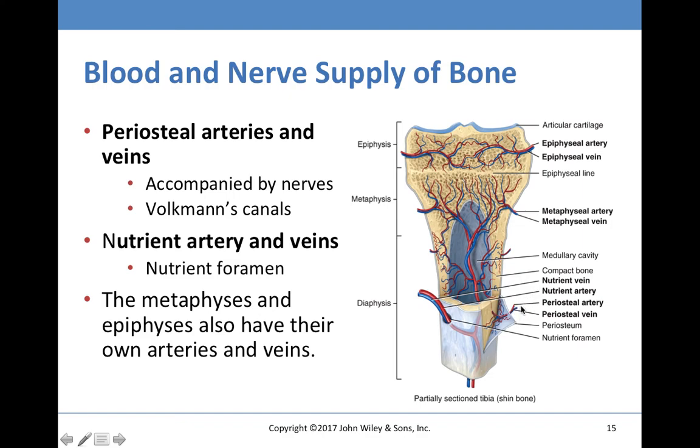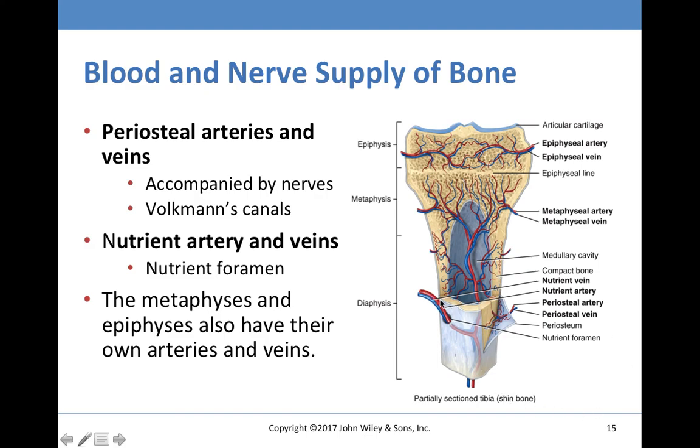It is accompanied by a nerve, and there is also a periosteal vein. So these periosteal arteries, nerves, and veins pass through Volkmann's canal, and then they supply the outer compact bone regions. We also have a nutrient artery and vein.